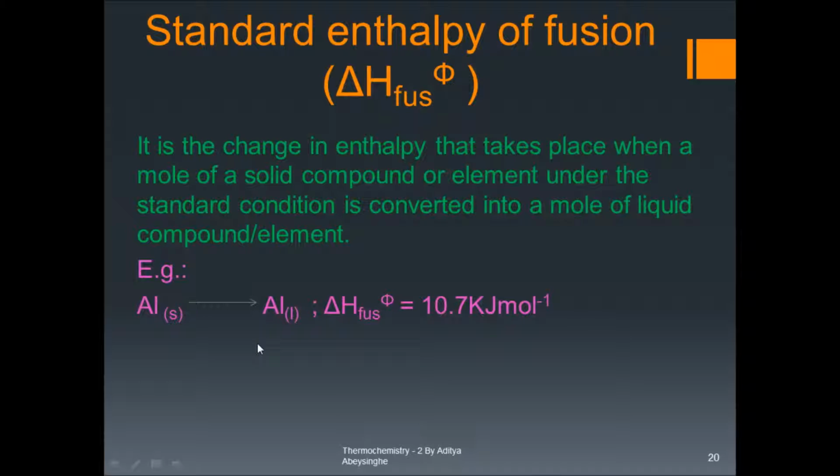In evaporation, we converted a liquid into the gas. In fusion, we convert a solid into its liquid state. For example, if you take aluminium in its standard conditions as a solid, and convert 1 mole of it into 1 mole of liquid, the energy required for such a reaction we have found to be 10.7 kilojoules per mole. That also varies between various elements and compounds.